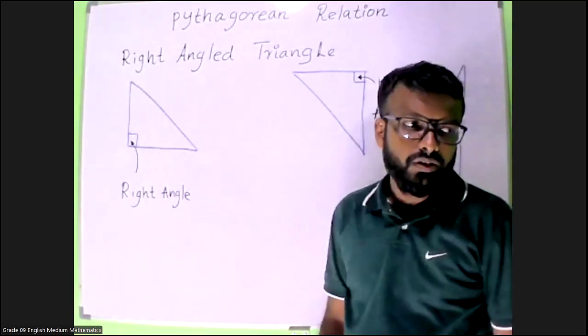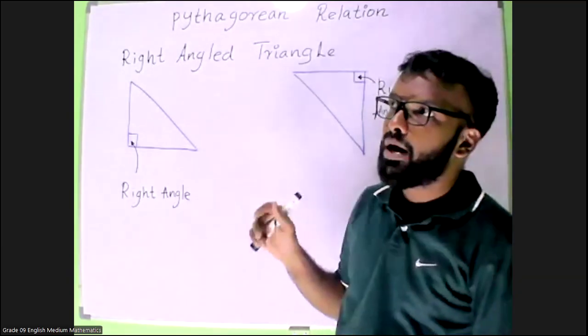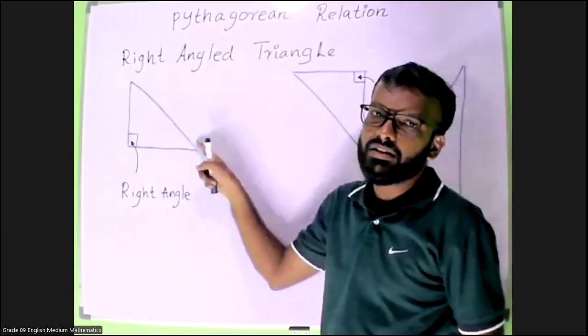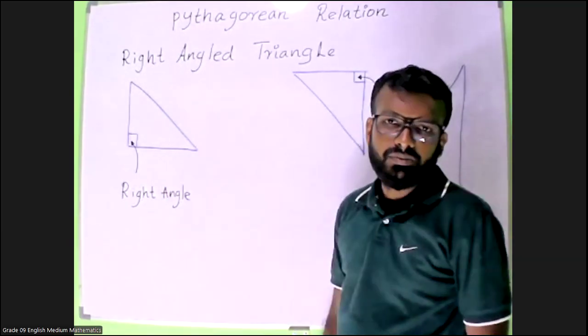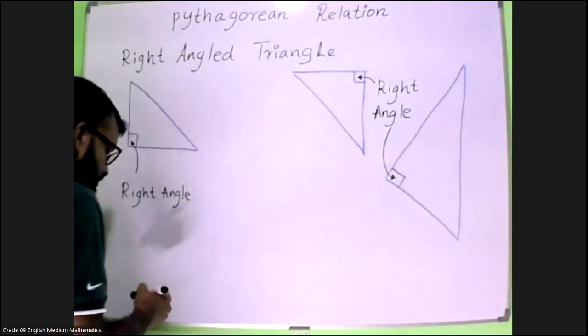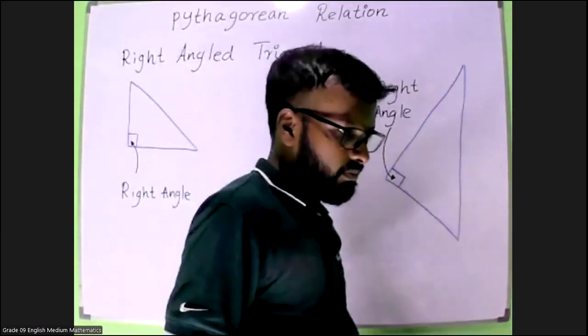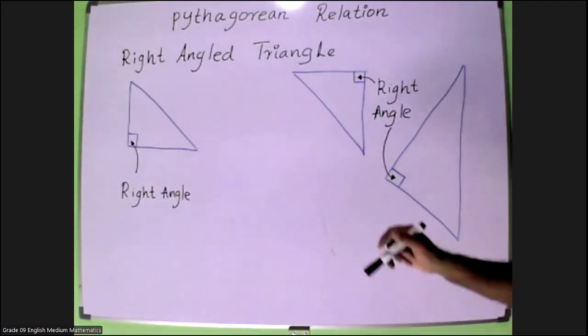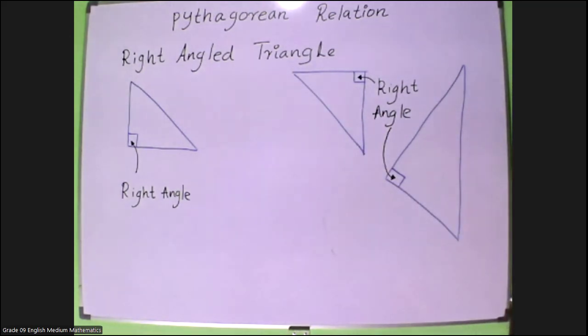A straight line. I am asking the technical word for this straight side. Hypotenuse. So I am asking the technical word. Do you know that? Yes, sir, I need to recall it. Right. Okay.